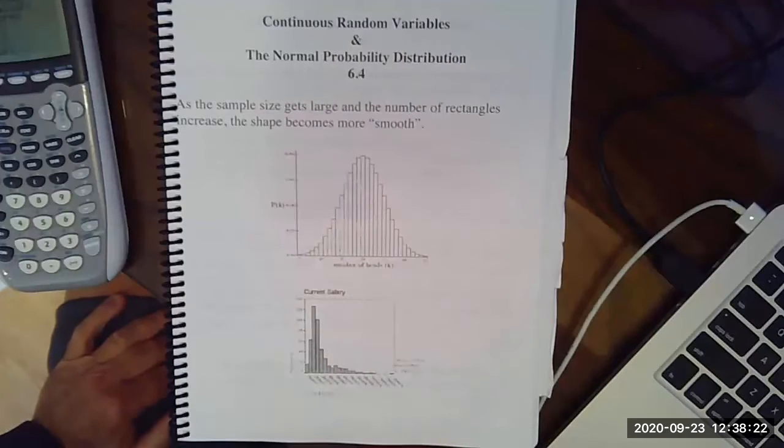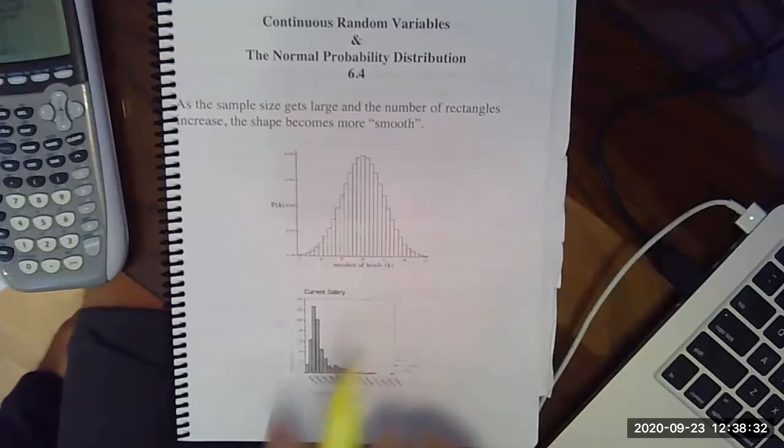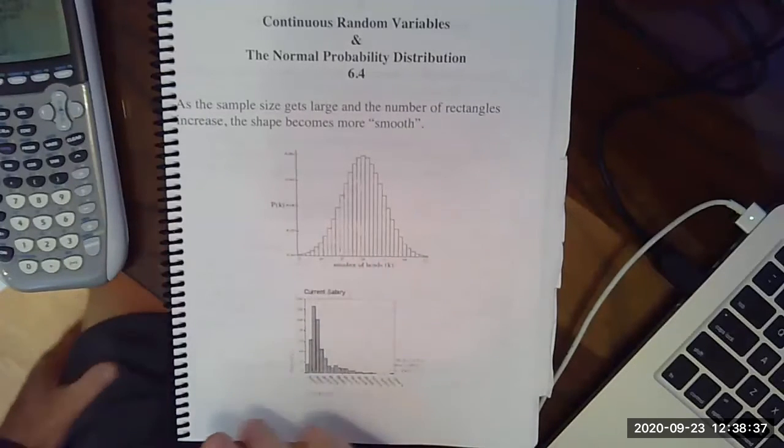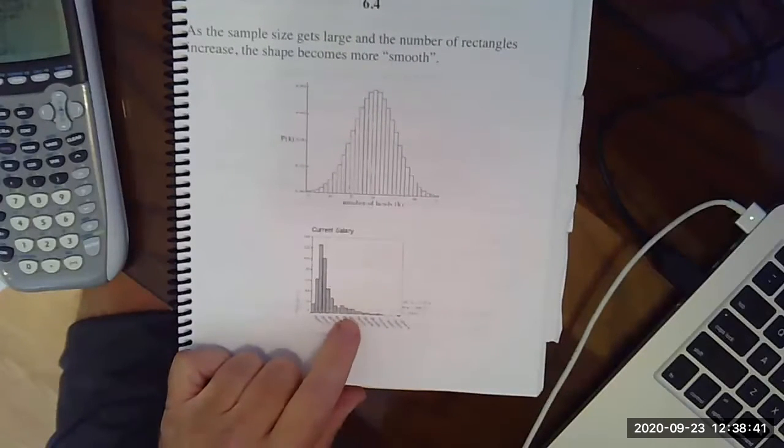For histograms, you guys were taught by me that, well, the author, typically when you build a histogram, 5 to 20 rectangles. I think there might be more than 20 here, but that's okay. That's not typical. This is skewed, right tail skewed. That's not normal. It's skewed.